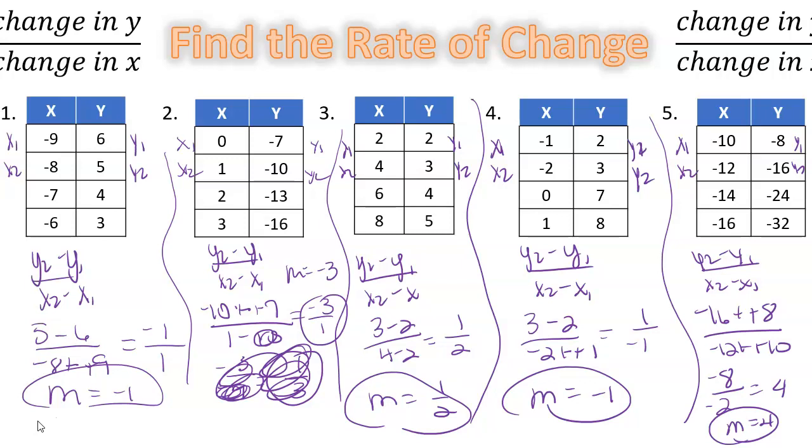But I also want you to remember that this connects to a graph. If in this same example, number 3, we took all those points and graphed them, 2, 2, 4, 3, 6, 4, and 8, 5, and then we picked points and we did rise over run, we would also see a rise of 1 and a run of 2, because slope and rate of change are the same thing.